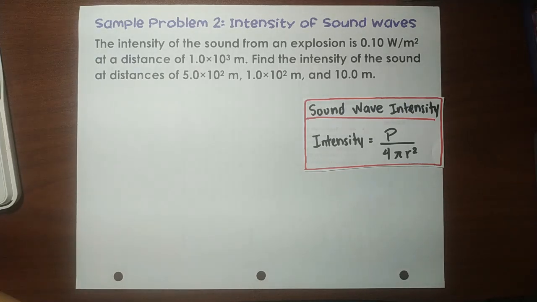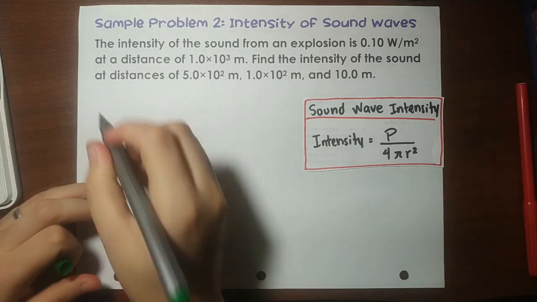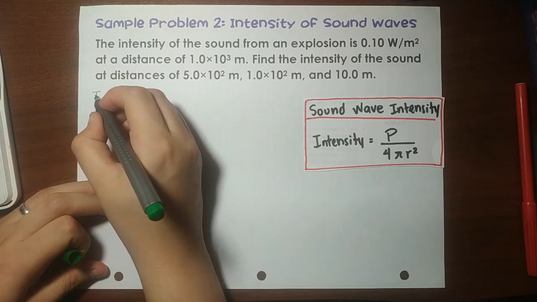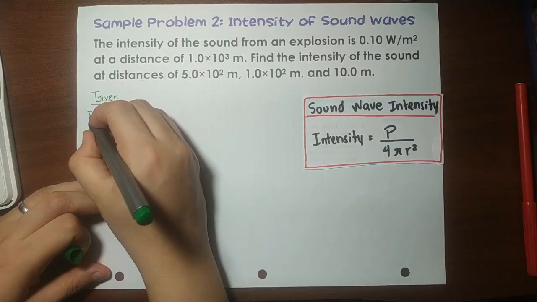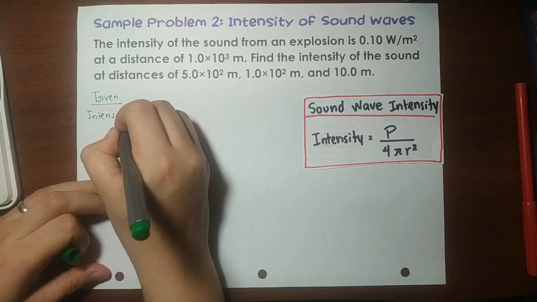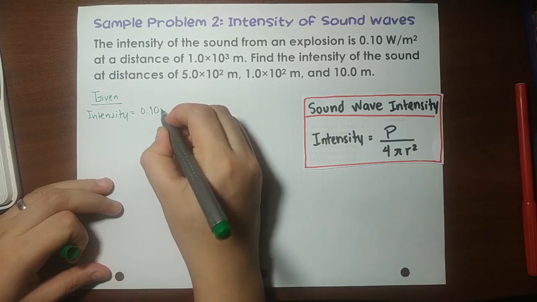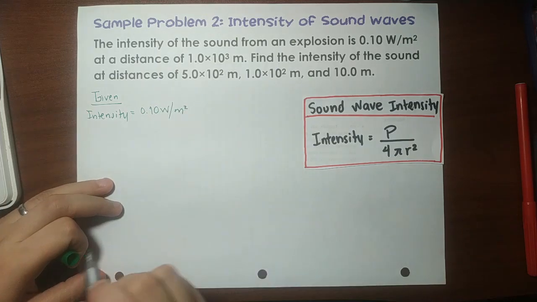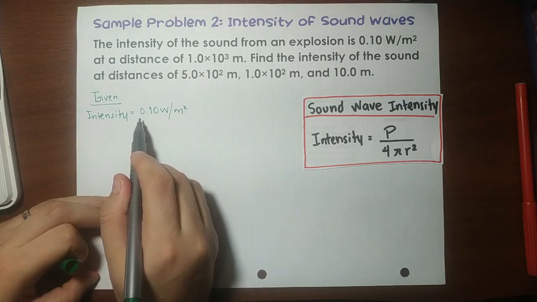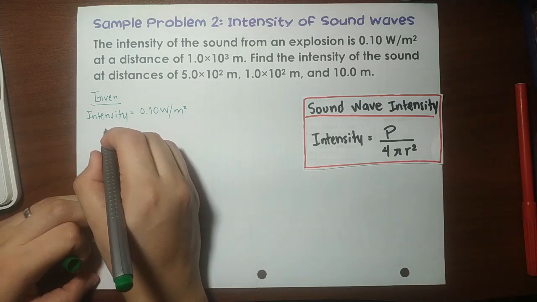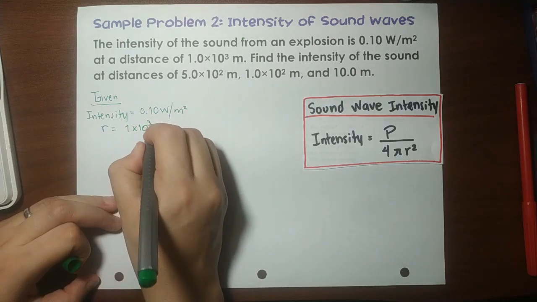So, basically, my givens are: I have the intensity to be 0.10 watt per meter square. And I know to have this intensity, I had a distance of 1 times 10 to the third power meters.